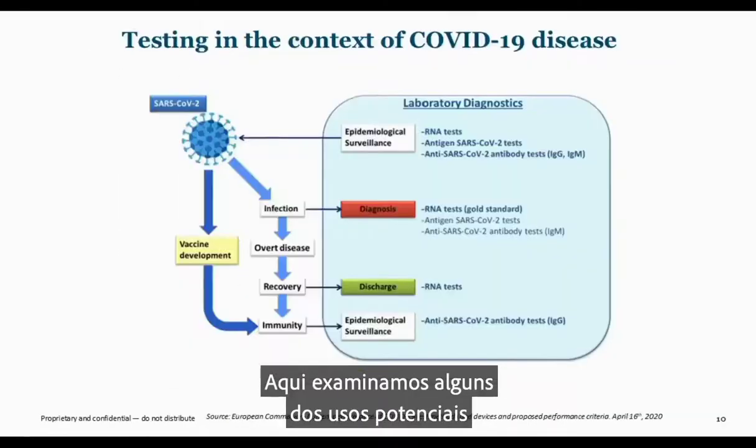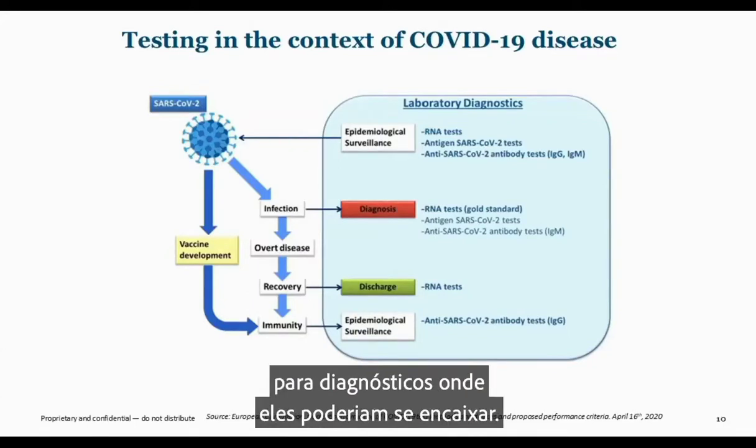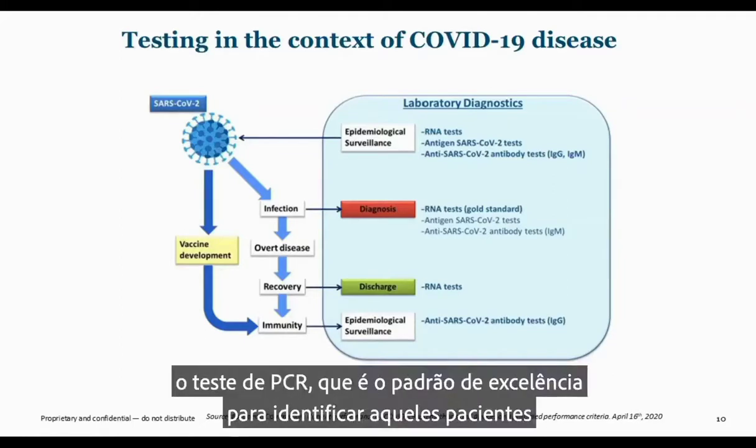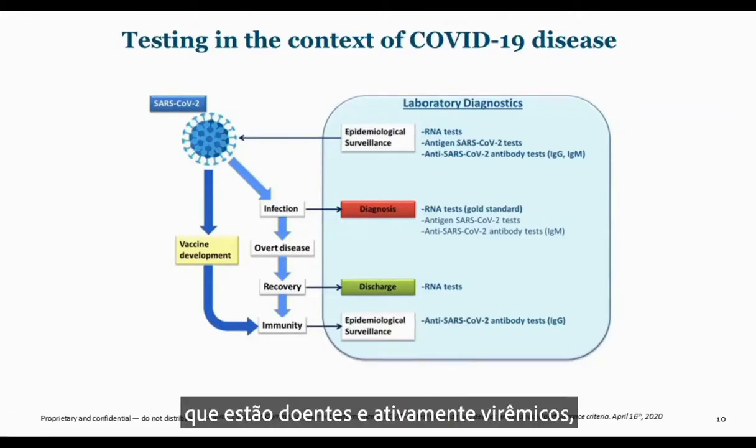Here we look at some of the potential uses for diagnostics and where they could fit in. Initially, for diagnosis, the most critical one is the molecular PCR test, which is the gold standard for identifying those patients who are ill and actively viremic.